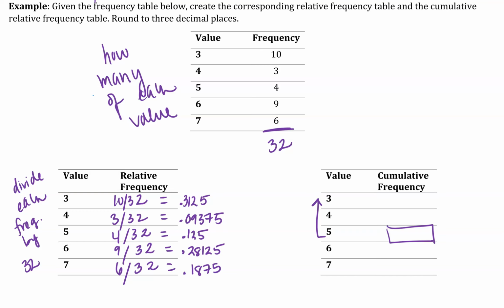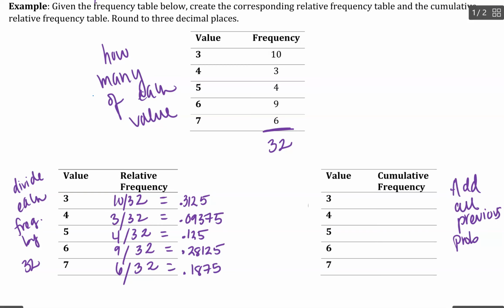So in order to get that, we just have to take everything prior to it and add it up. So for this table, we will add all previous probabilities.